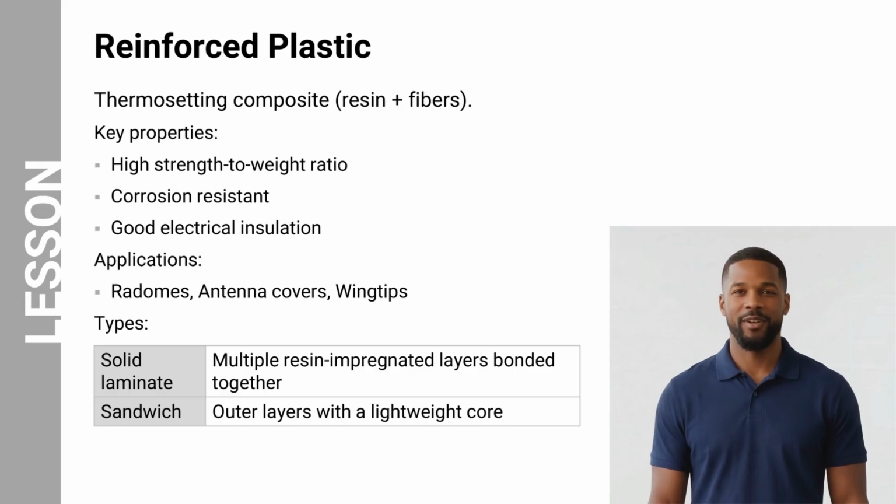Because of these characteristics, reinforced plastics are commonly used in radomes, antenna covers, and wingtips, where structural strength and electromagnetic transparency are required. They can be manufactured as solid laminates for strength or as sandwich structures for weight reduction. The selection depends on the load requirements and the function of the component in the aircraft.